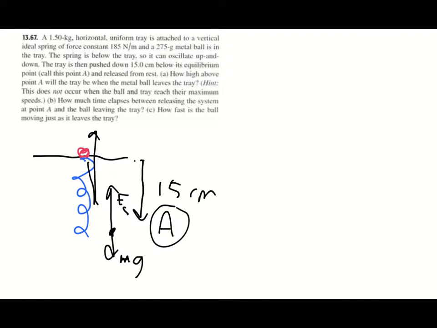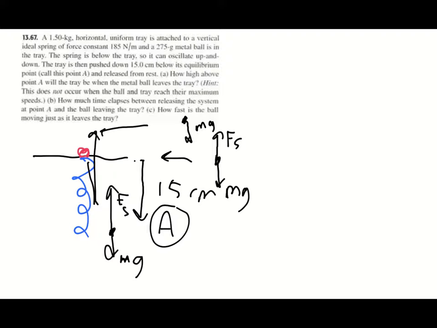And when it's at the equilibrium point, like right here, if you think about what the force diagram looks like, it's at literal equilibrium, mg and the spring force will be equal. Okay. And at the point that it leaves the tray up here, basically the object will be on its own. There will be no spring force.